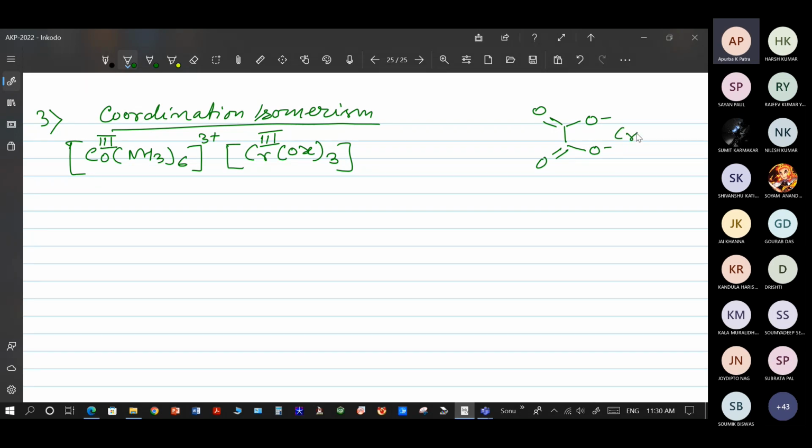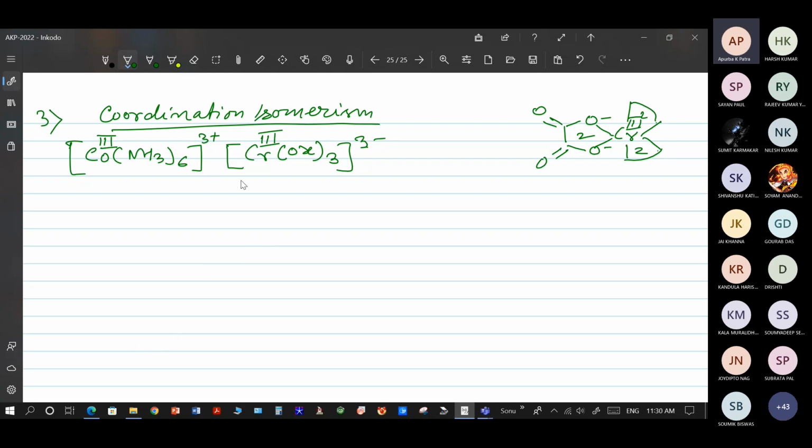So if chromium is there in +3 oxidation state, and you have 3 of these, like this one and this one, here is 2 minus and 2 minus, 6 minus charge. So ultimately it will be 3 minus charge, and these are going to be electrically neutral.